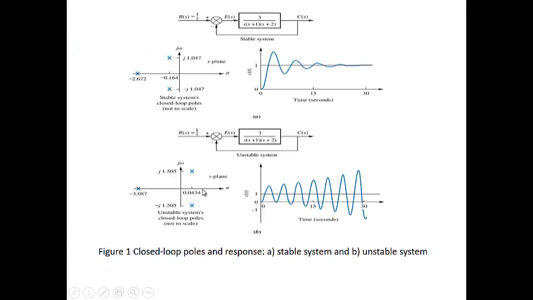When we refer back to the signal graph, we can see that as the time interval goes out, the signal diverges, which means that the system is unstable. So that is the comparison between the stable and unstable system.